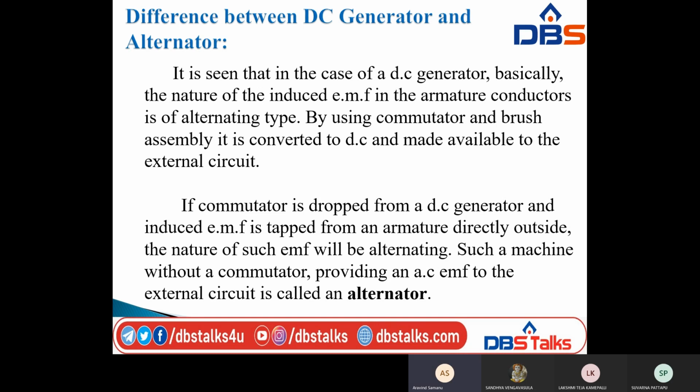If we want to convert this alternating type into direct type, we use a commutator in the DC generator. The commutator is one of the parts of the DC machine. By using this commutator, I convert alternating type into DC type. By using a commutator and brush assembly, it is converted to DC.